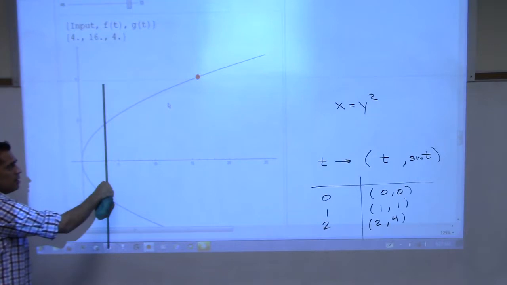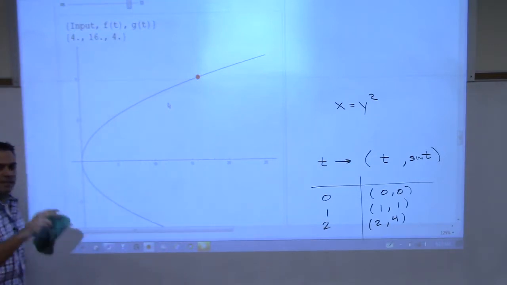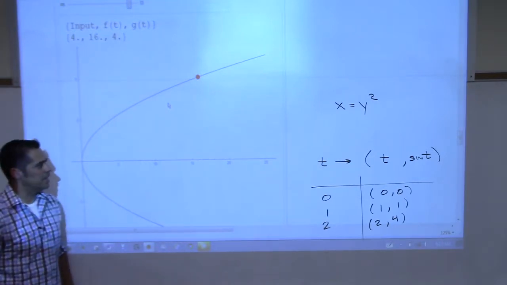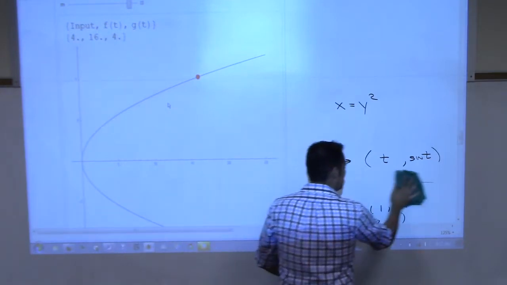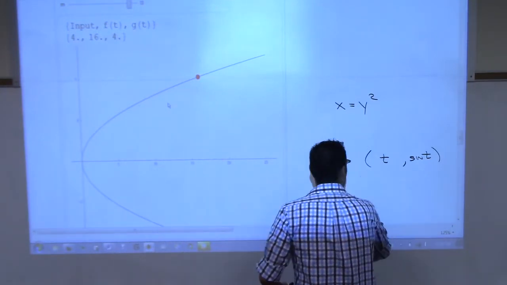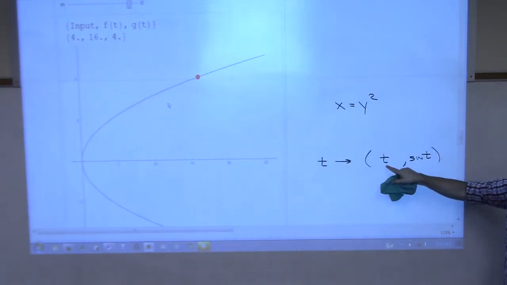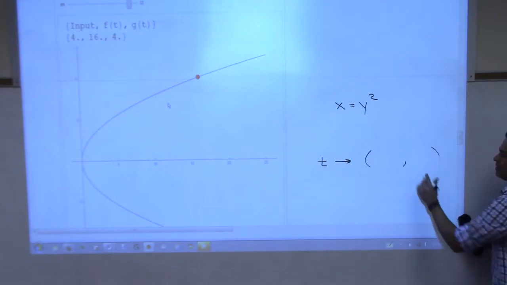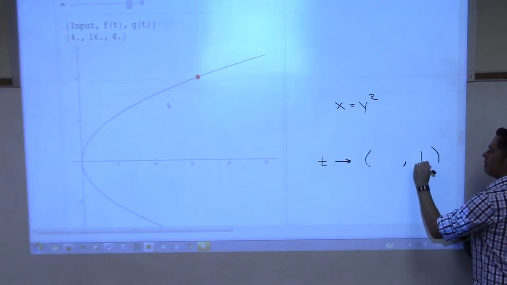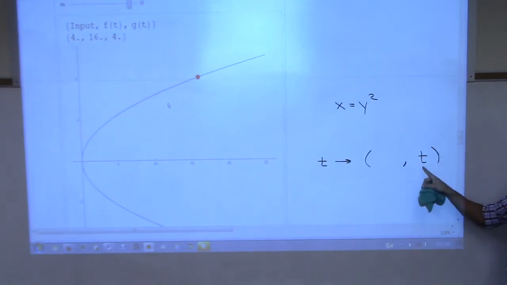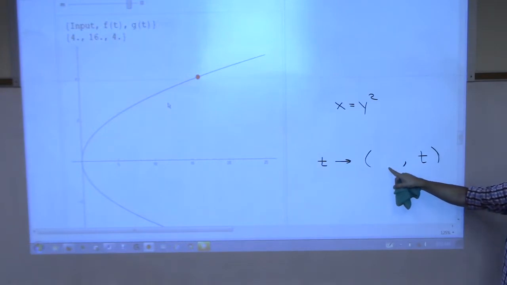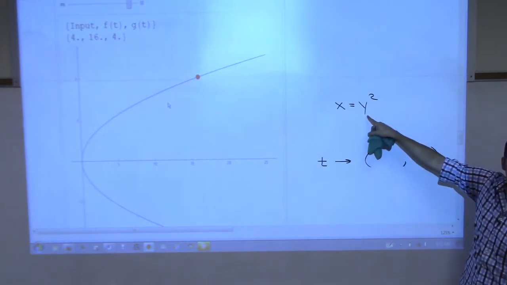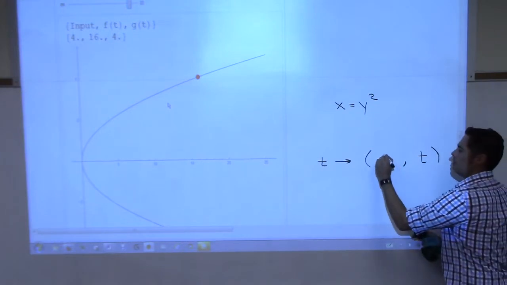So what we're going to do here is exactly the opposite of what I just did. Instead of letting the x coordinate be t, I'm going to let the y coordinate be t. And then the x coordinate will be whatever this function is, so t squared.